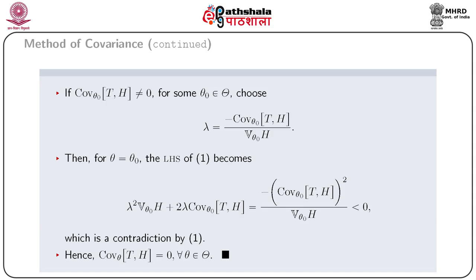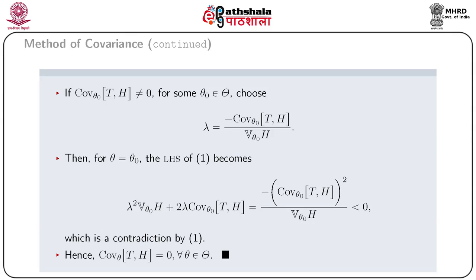Then for theta equals theta naught, the LHS of 1 becomes lambda square times variance of H under theta naught plus 2 times lambda times covariance of T comma H under theta naught, which equals minus covariance square of T comma H under theta naught divided by variance of H under theta naught, which is less than 0.